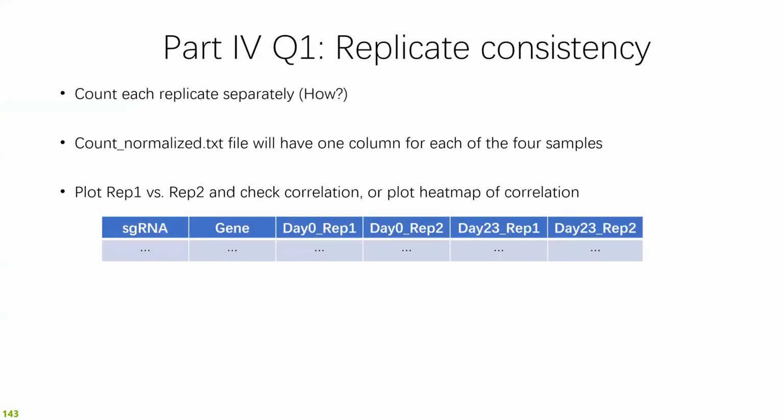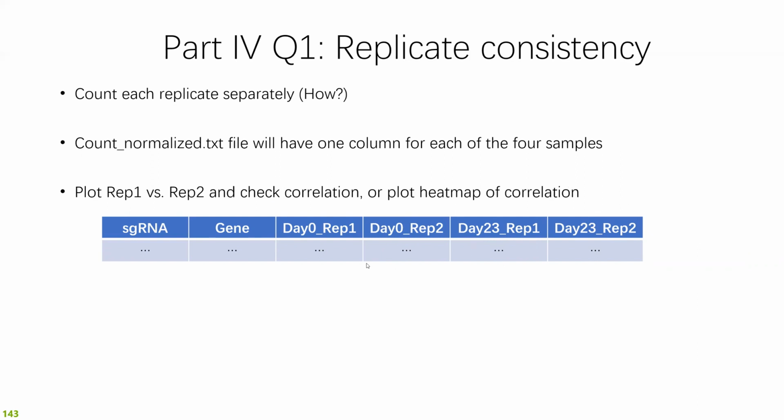And in this question, you will get a count normalized txt file, which contains 1 column for each of the 4 samples. And you want to check replicate consistency by plotting replicate 1 versus replicate 2 and checking their correlation. For example, in the file here you check the correlation between replicate 1 and replicate 2 for day 0, and replicate 1 and replicate 2 for day 23.